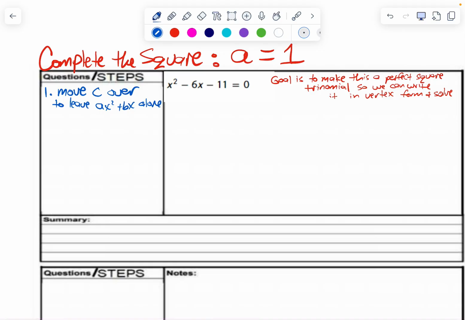What is c in this one? 11. And sometimes you'll start with it over there, like all on the other side already. So we have ax squared minus bx by itself.